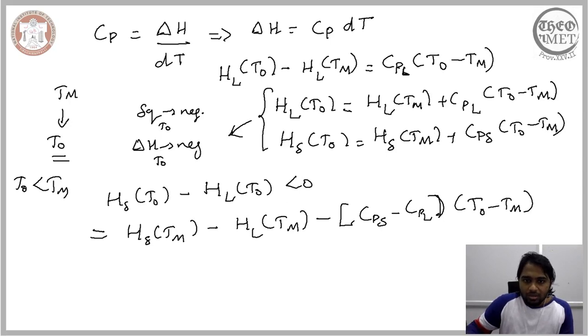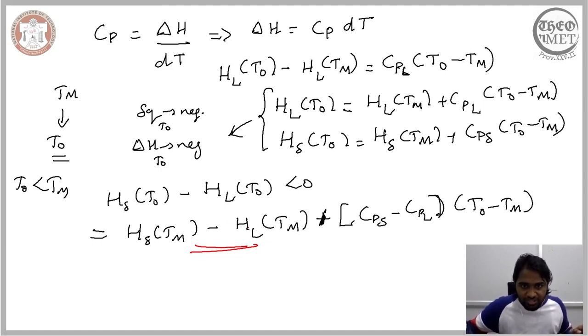So essentially we have subtracted these two, and therefore we have Hs minus HL, and this here is positive. Now we have considered two temperatures: a phase change at Tm, and a phase change at T0. The phase change at T0 is characterized by this difference in the enthalpy, and the phase change at Tm is characterized by this difference in the enthalpy. If you could recollect, initially we arrived at this expression.